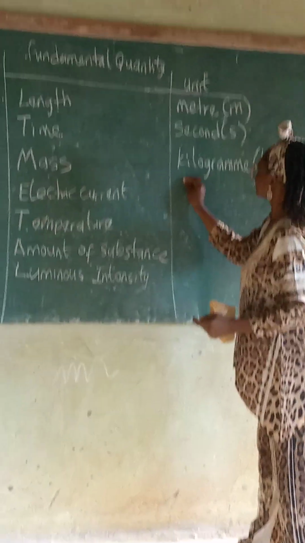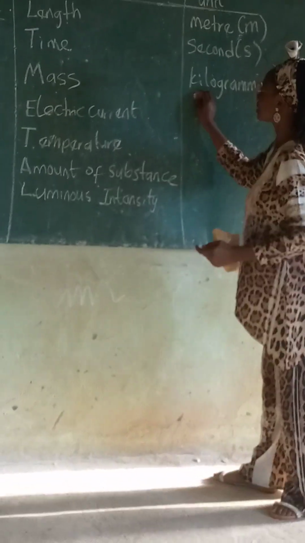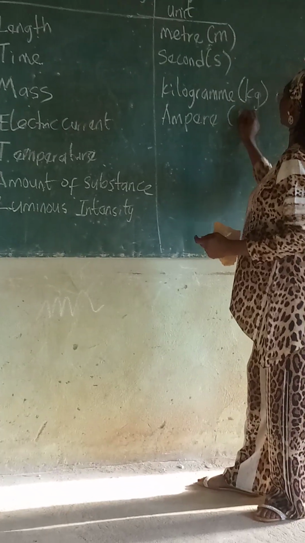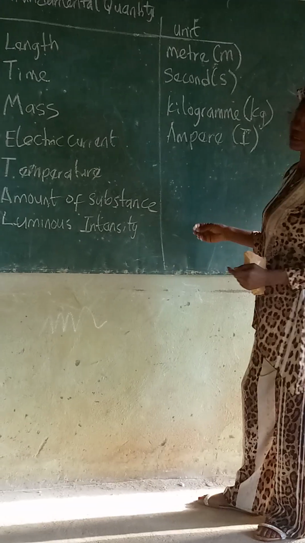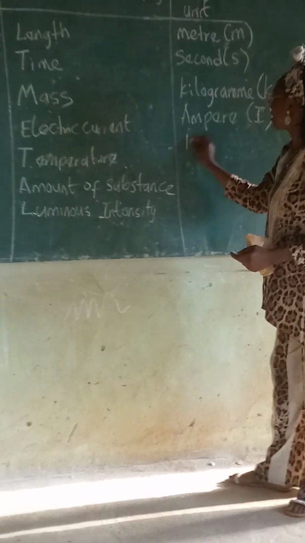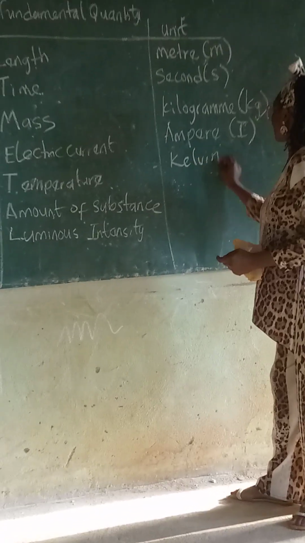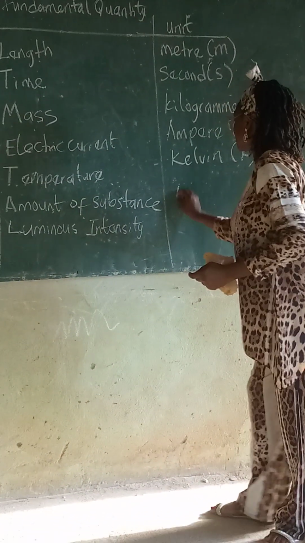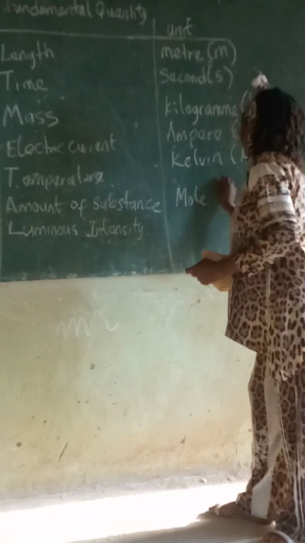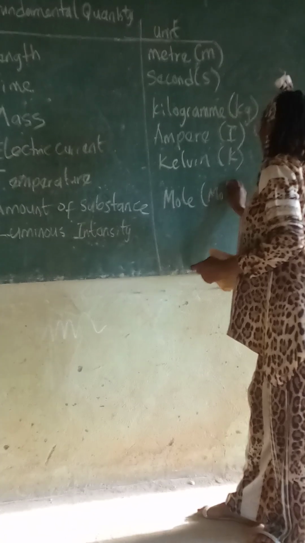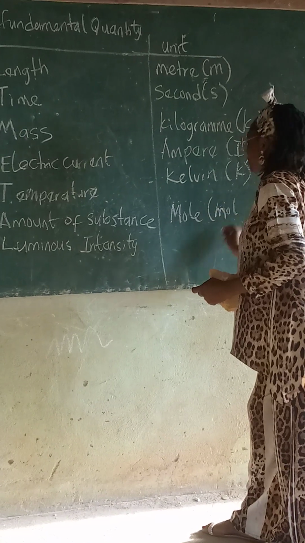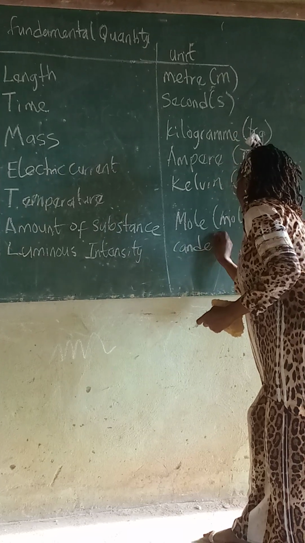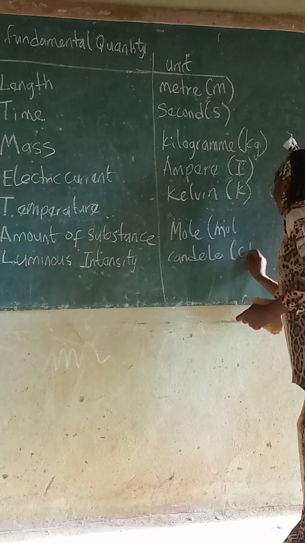Electric current is ampere, and the symbol is capital letter I. Temperature is Kelvin, and the symbol is K. Amount of substance is mole, and the symbol is mol, small letters m-o-l. Then luminous intensity is candela, cd.